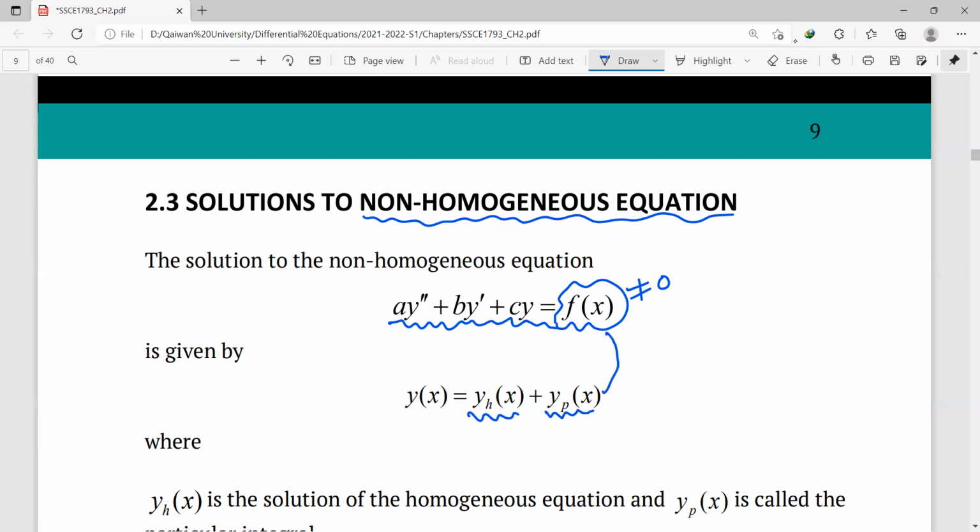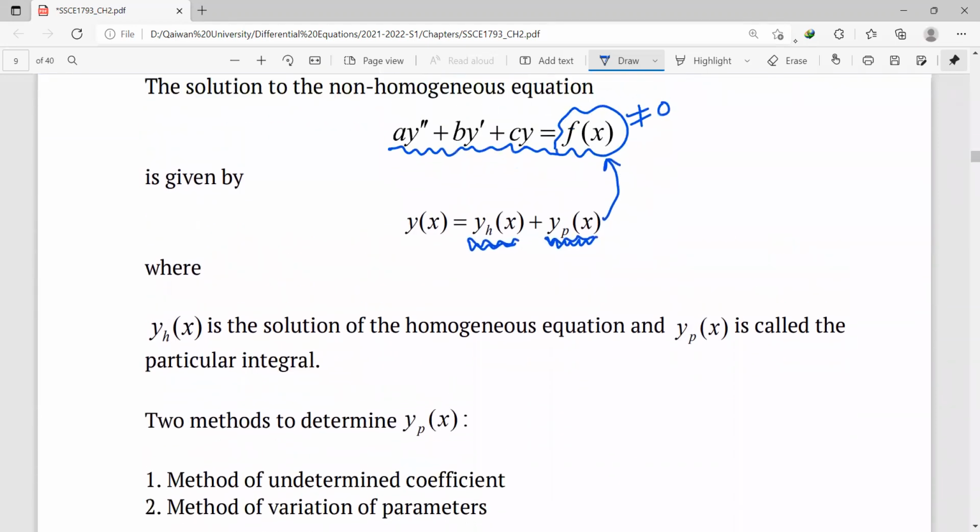This depends on the right hand side: if it is an exponential function, a polynomial, a trigonometric function, and so on.